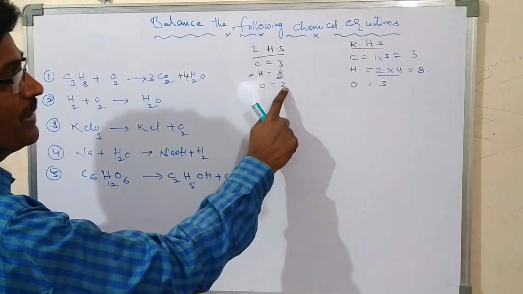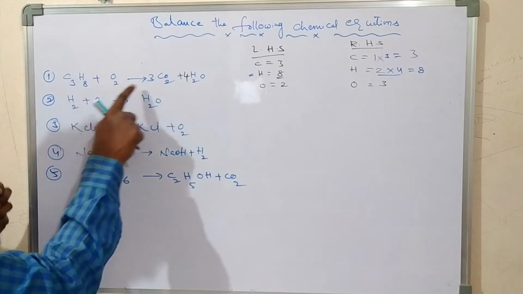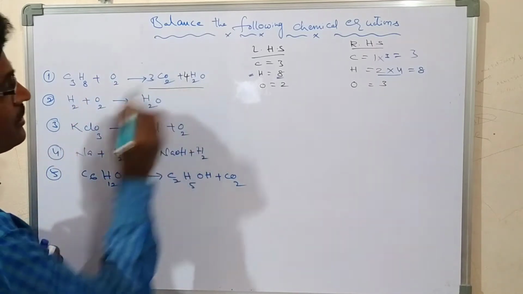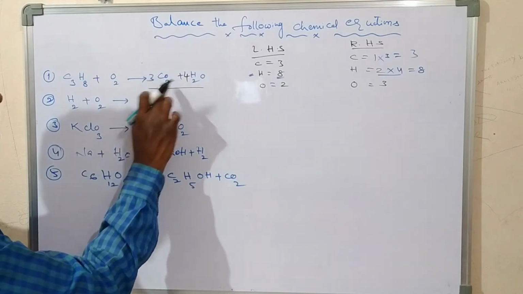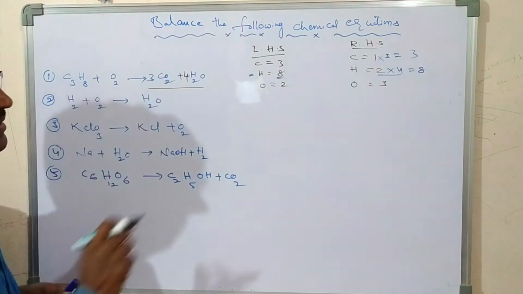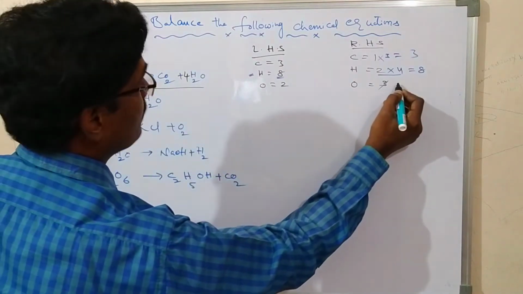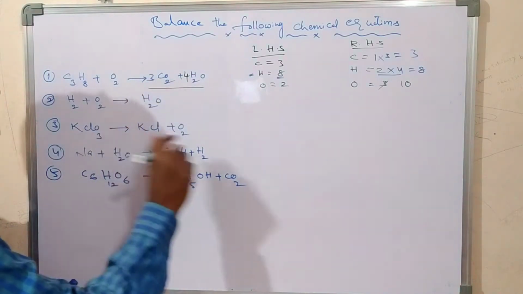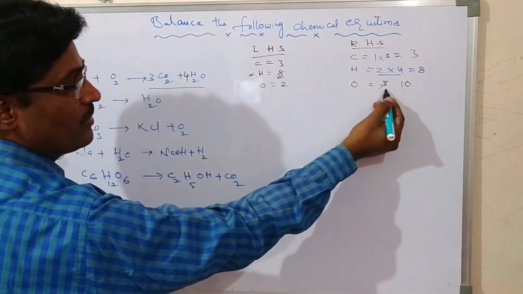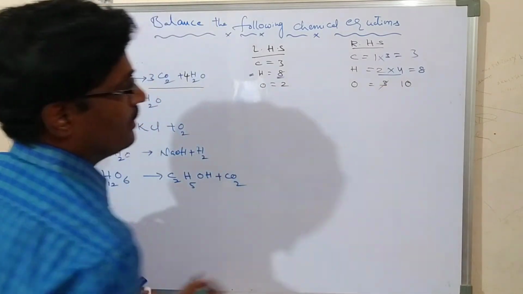Now we need to balance oxygen. Look at here. In the product, how many oxygens are there once you count? 3 into 2, 6, and here 4. In total 10 are there. Before it was 10 on the other side, but after changing, how many are there here? 10.